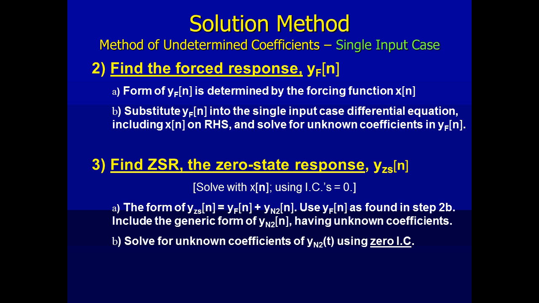So I put in the initial condition. I put my zero state response into the proper place for the initial condition. I use the appropriate initial condition for a zero state response, which is everything equal to 0. And this I can solve.